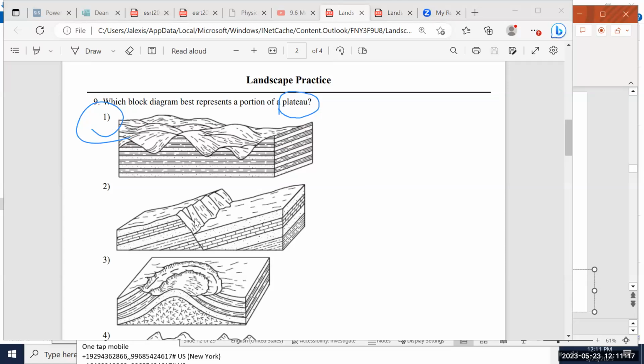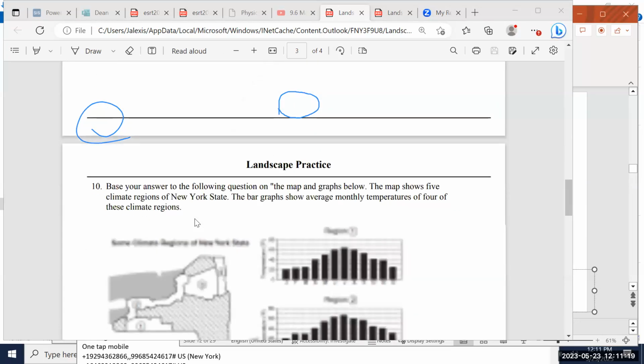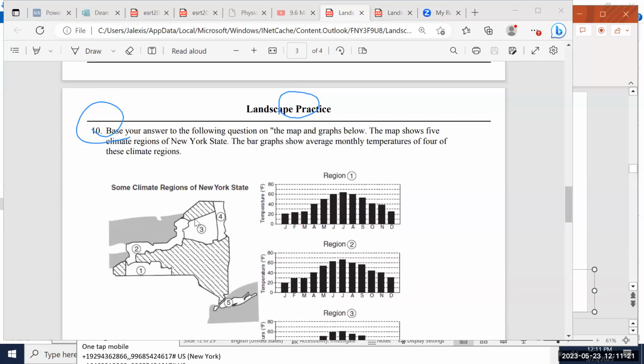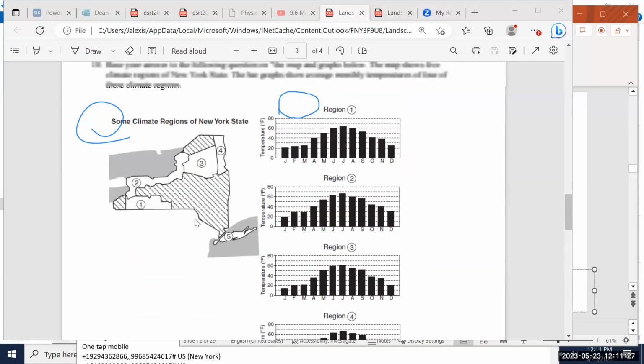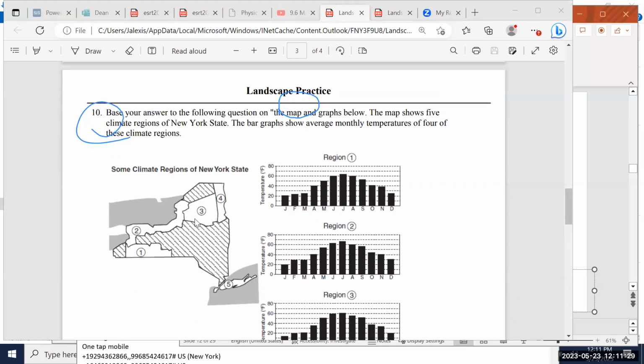When we take a look at number 10, it says, base your answers to the following question on the map and graphs below. The map shows 5 climate regions of New York State.